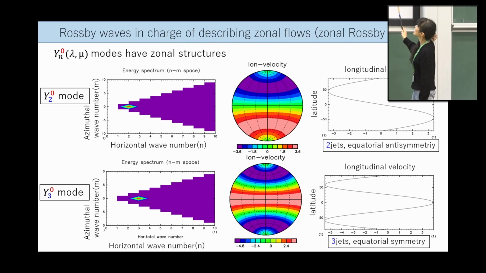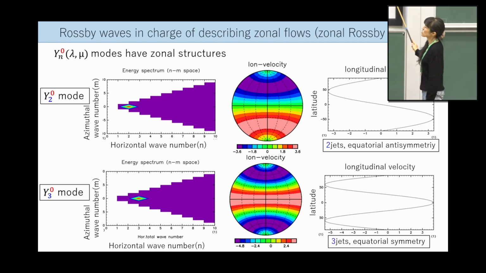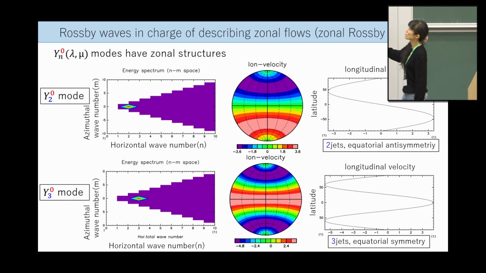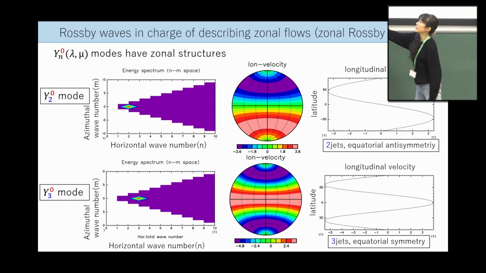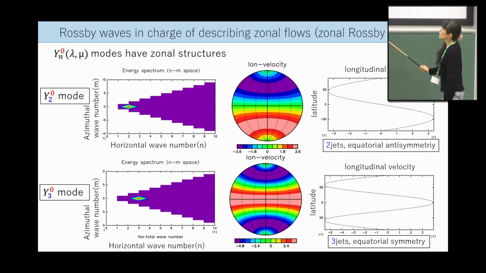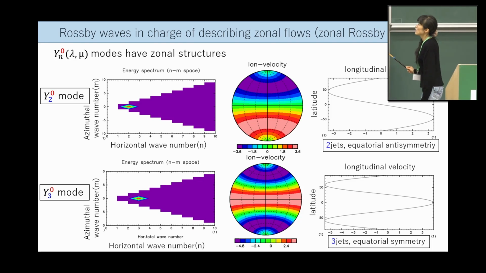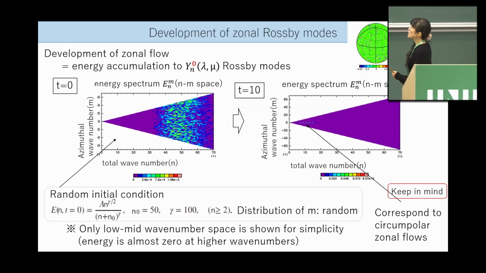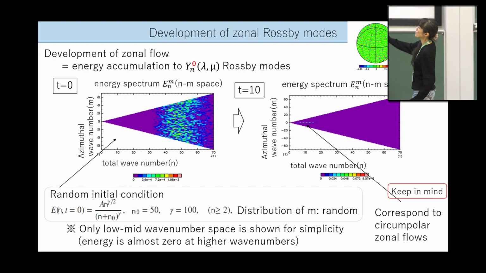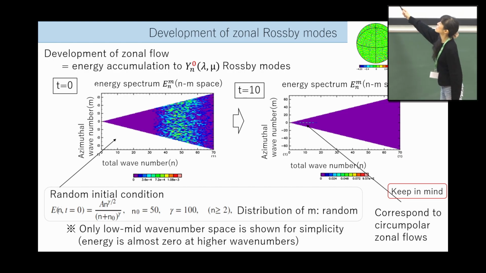Here we have one very large westward zonal flow and one very large eastward zonal flow. So we have two zonal flows in this case. And if we consider the Y30 mode, then we have this kind of three zonal flows.